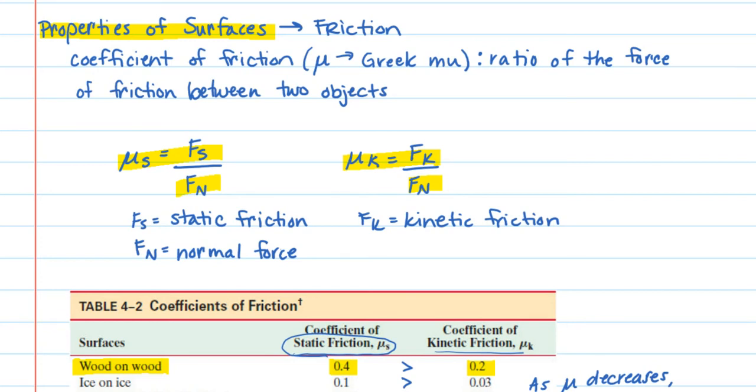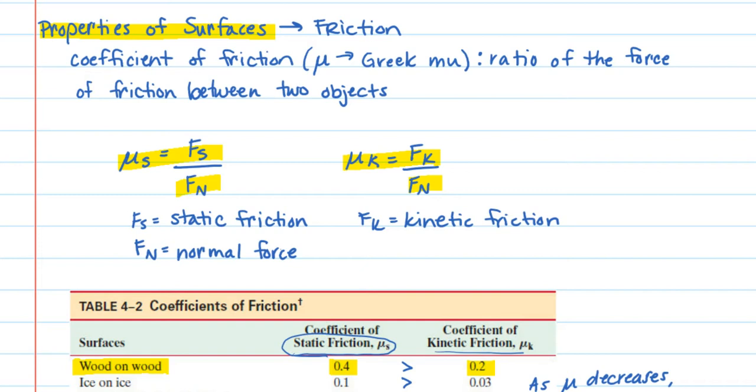Okay, so this video just goes a little bit more in depth about this section of properties of surfaces in the friction unit. The coefficient of friction is represented by the Greek letter mu, and this is just a ratio of the force of friction between two objects. The coefficient of friction is going to stay the same as long as you're working with the same objects in the problem.